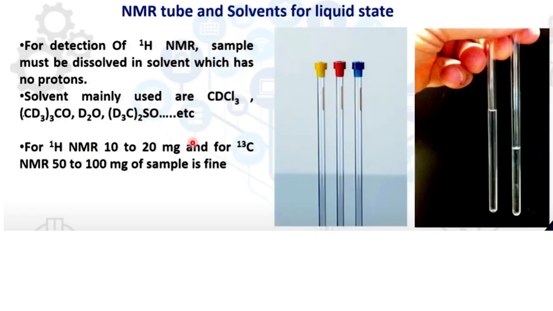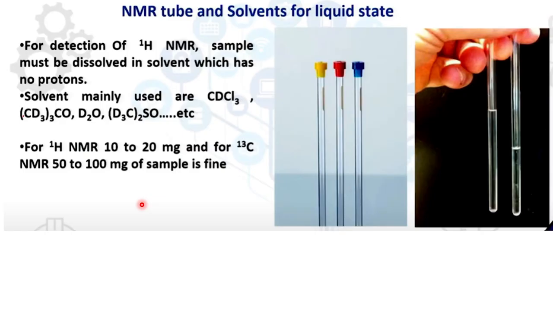For 1H NMR you must first dissolve your sample in an NMR solvent. For example, 6 to 10 mg is okay, and for 13C you need a little bit higher, around 50 to 100 mg. Before preparing your sample, you first check the solubility of your sample in CHCl3 if you are using CDCl3.